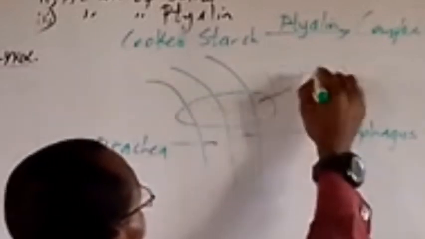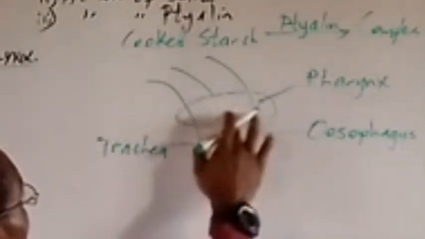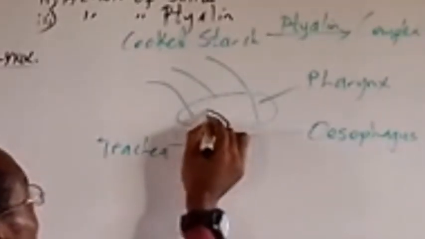In front we have the trachea, and at the back we have the esophagus. This place here is called the pharynx. At this place, there is an opening. Now, this particular opening is controlled by something that looks like this.